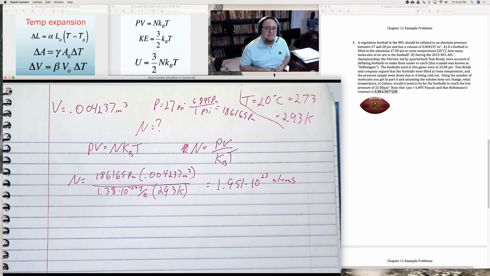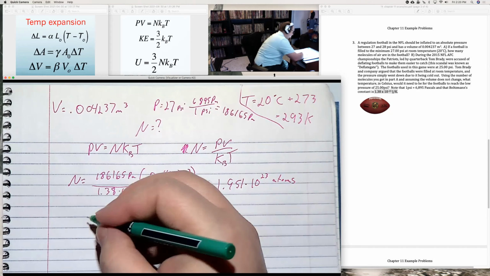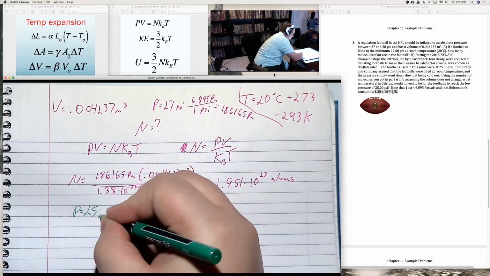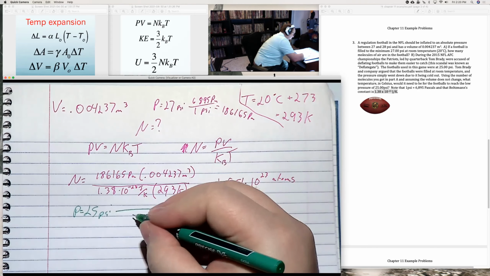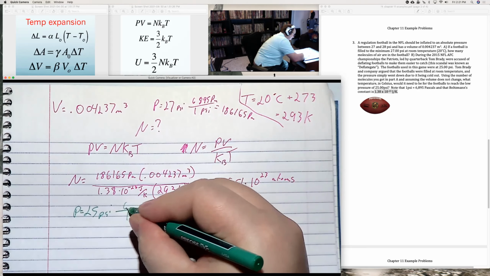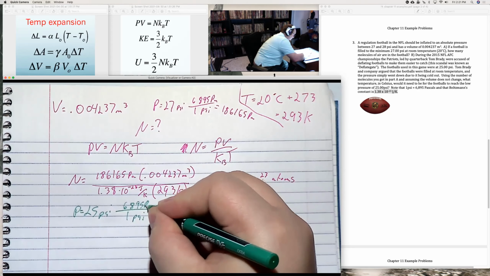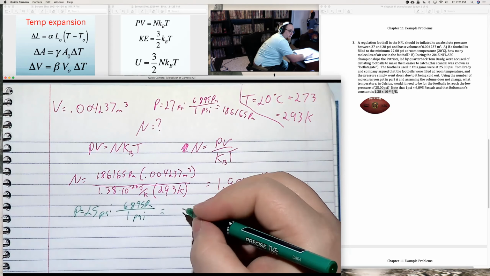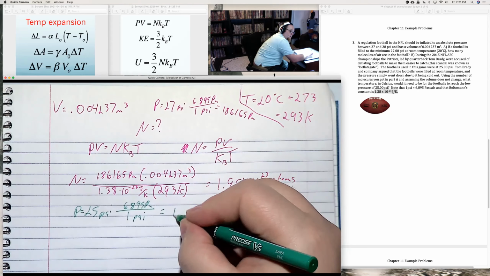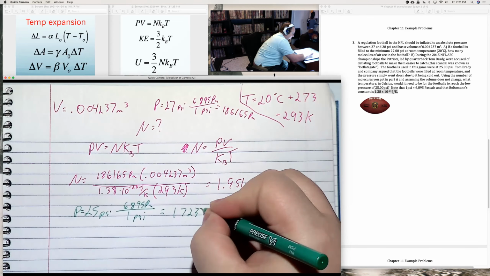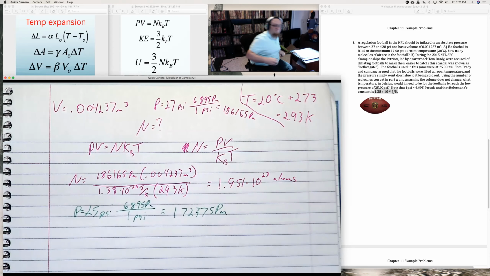And because he had less than that, it makes them easier to catch. What they said is that his footballs weren't 27 psi, they were 25 psi. Right there, 25 psi, I can convert that. 1 psi is 6895 pascals. Doing that conversion, that's 172375 pascals.